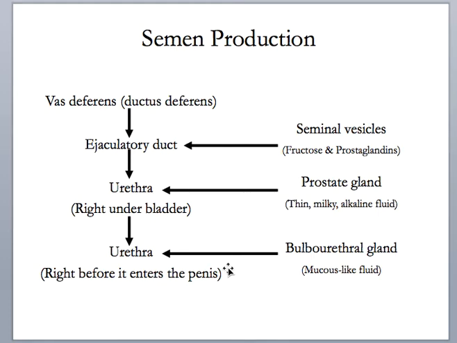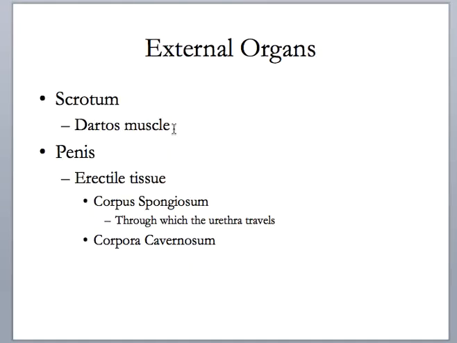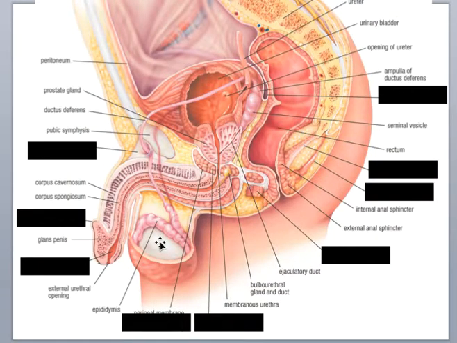So semen production. When it comes time for ejaculation, sperm will be released from the epididymis. It will travel through the vas deferens. If you see here, testis, epididymis, this is the vas deferens.